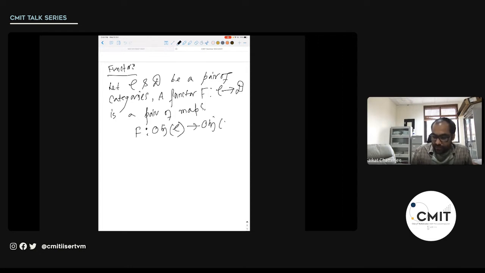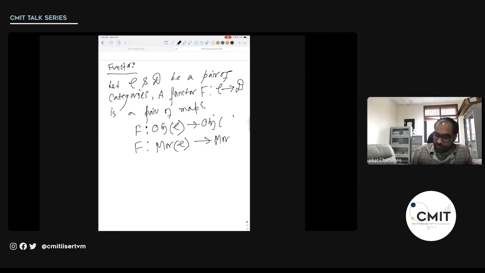I'm denoting both of these maps by the same notation, but of course they map between two different pairs of sets. And they should respect the composition.